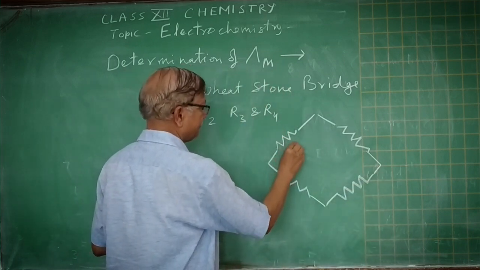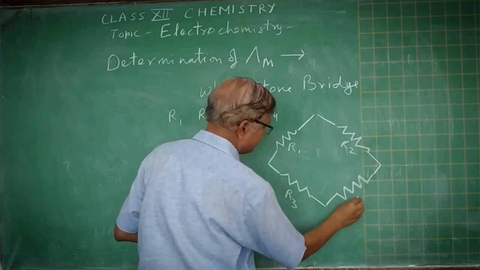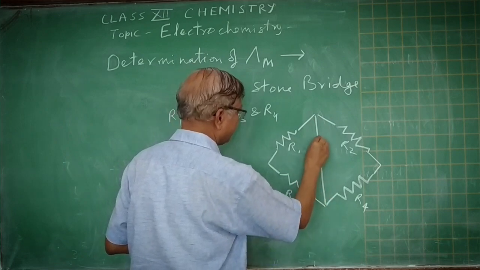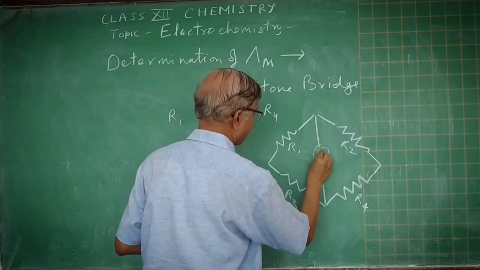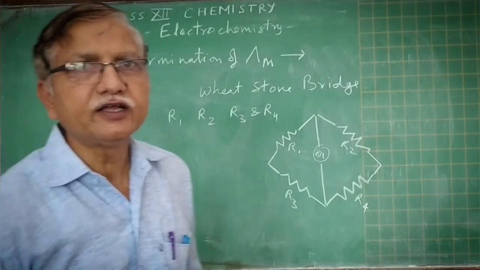This is R1, this is R2, this is R3, this is R4, and both are connected by galvanometer G.